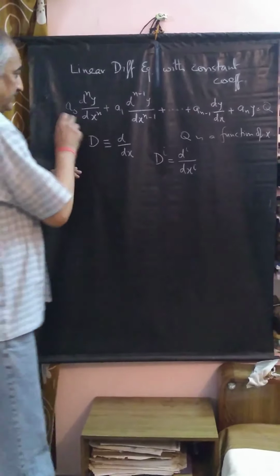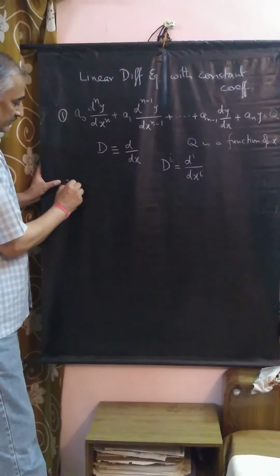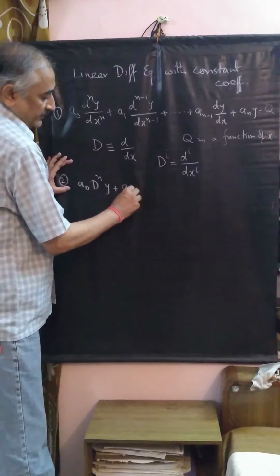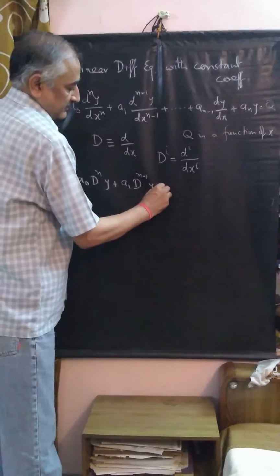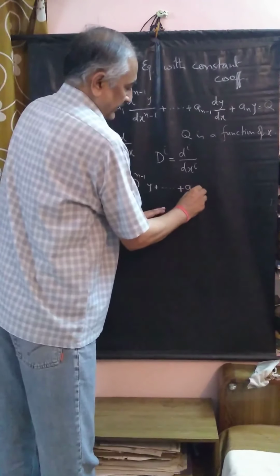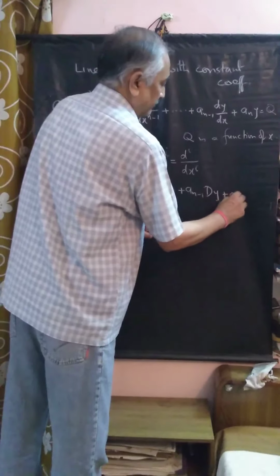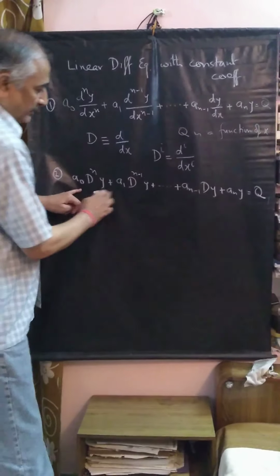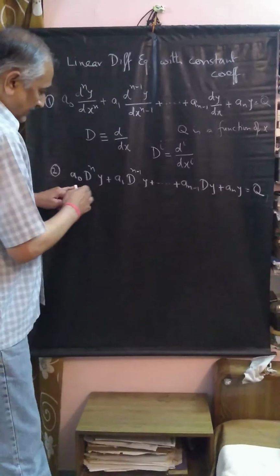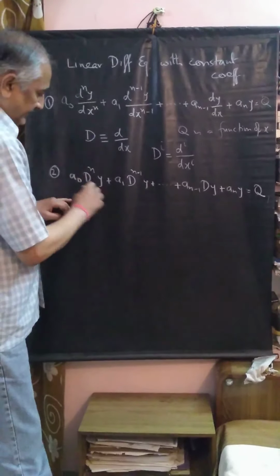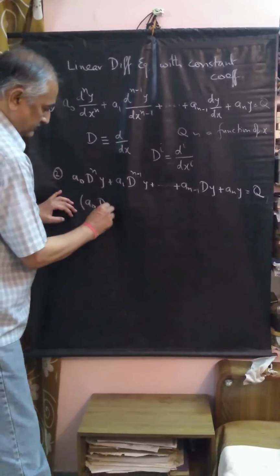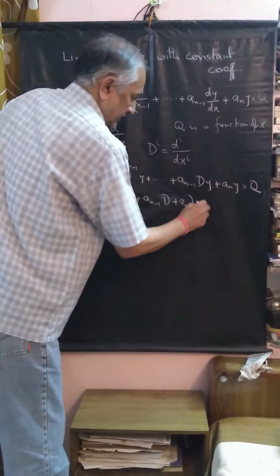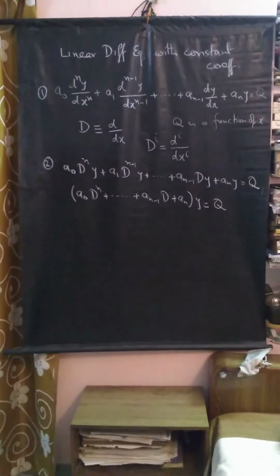then this equation 1 can be put in the form a naught D^n y, a1 D^(n-1) y, and so on, a(n-1) D y plus an y is Q. So what I will do, I'll take this y common throughout, put it on the right hand side of this, and keep this inside the bracket like this.